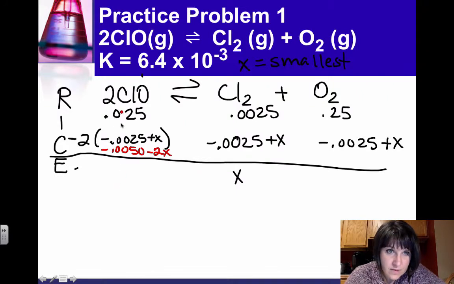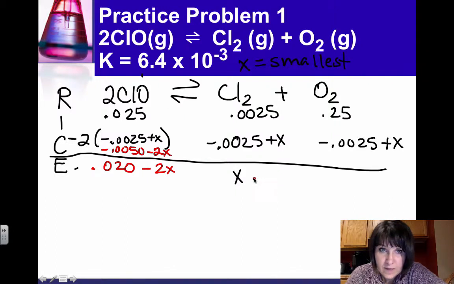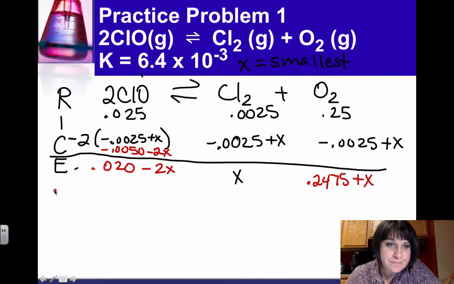And then I combine these two together and I get 0.020 minus 2x as my equilibrium concentration of ClO. x is Cl2, and then combining like terms here, I get 0.2475 plus x for equilibrium of oxygen.